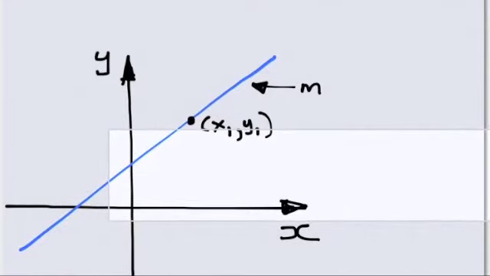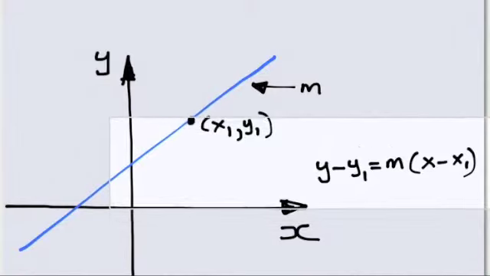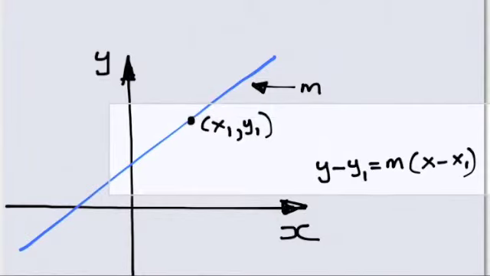The equation of the straight line is y minus y1 is equal to m times x minus x1. So if we know m, the gradient of the straight line, and if x1, y1 are known, then we can write the equation of the straight line according to this expression here.